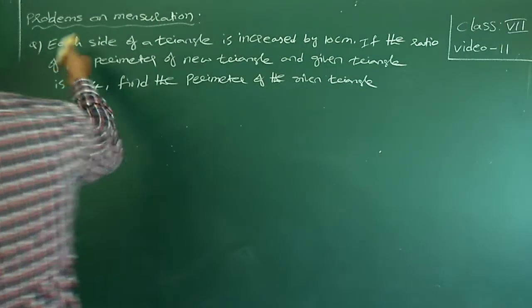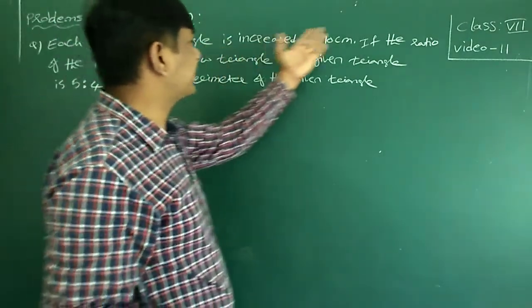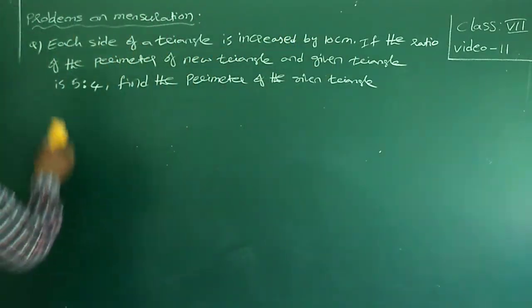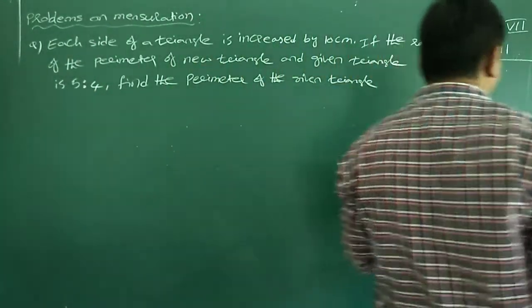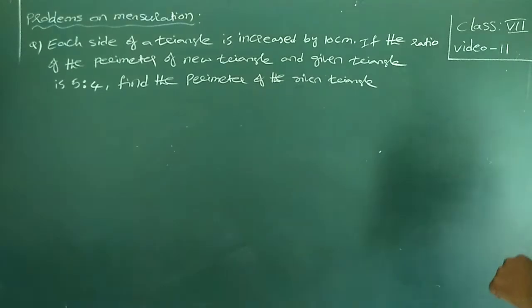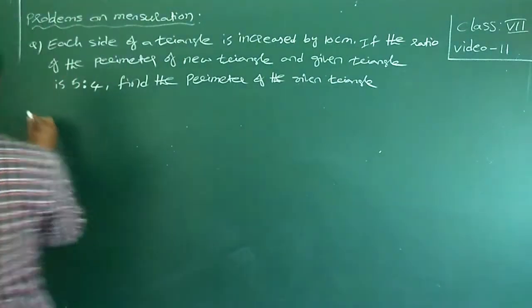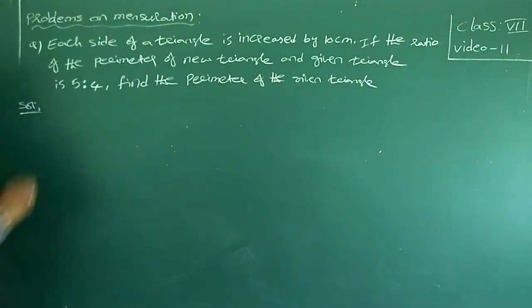Hello students, we are seeing here each side of a triangle is increased by 10 centimeters. If the ratio of the perimeter of the new triangle and given triangle is 5:4, find the perimeter of the given triangle.